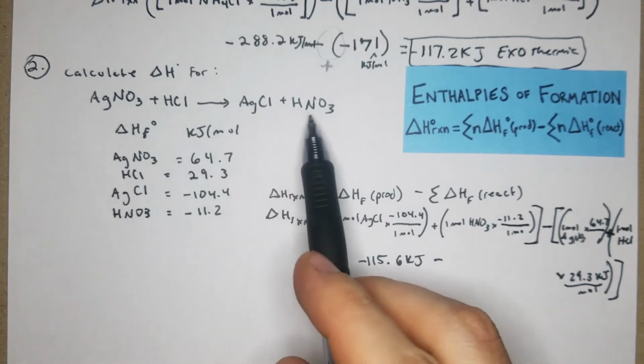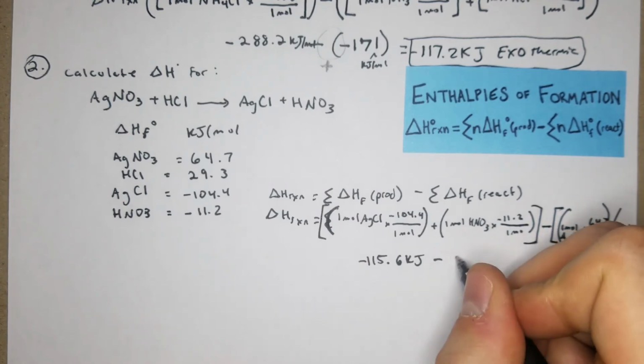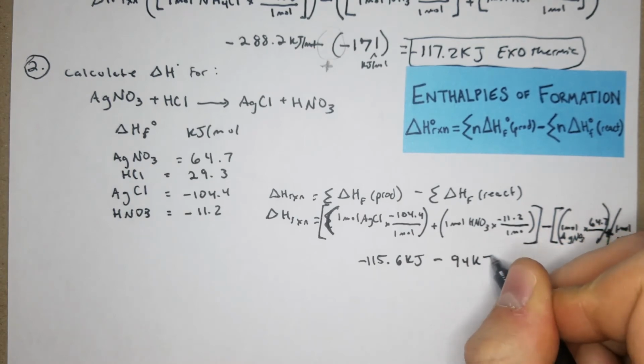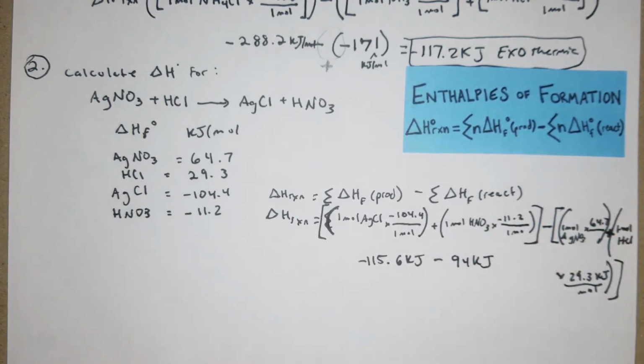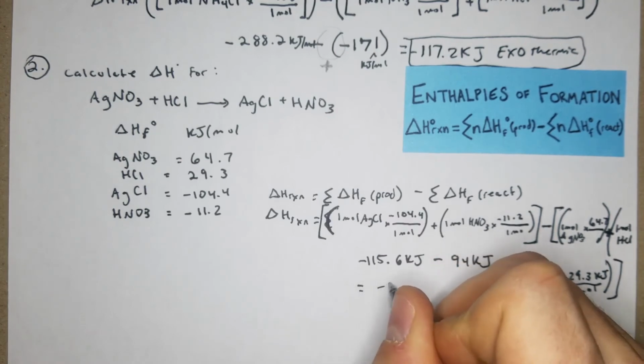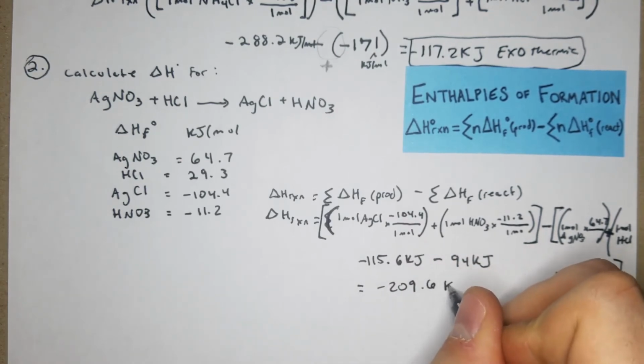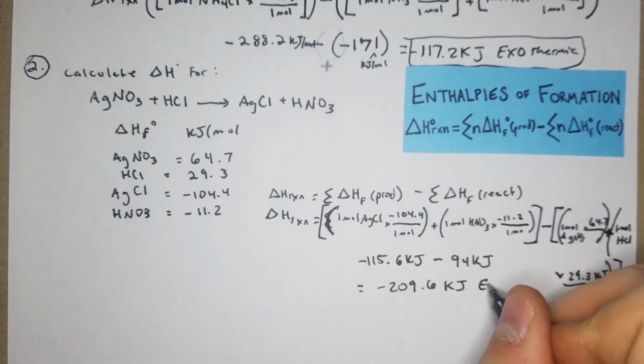And again, we check the molar ratios, but we don't have any 2s, so we don't have to really worry. Plus 29.3 is 94. And we'll just do that out. 115.6 minus 94. We're going to get 209.6 kilojoules, and that's going to be exothermic.